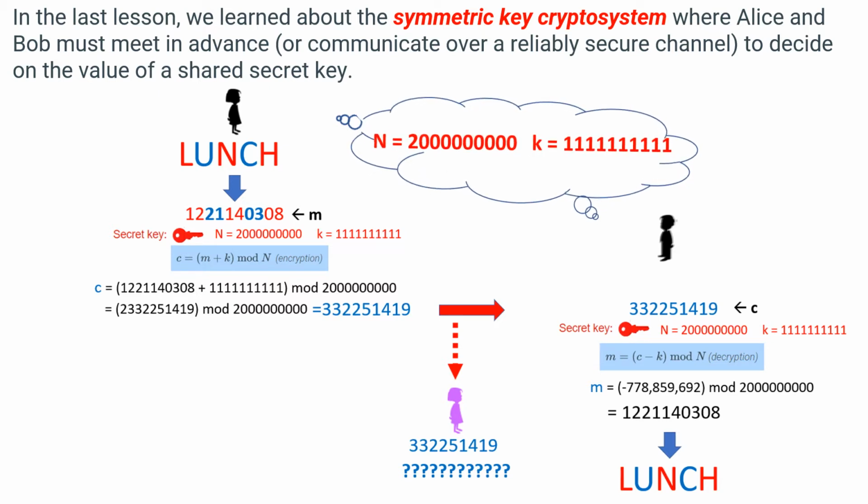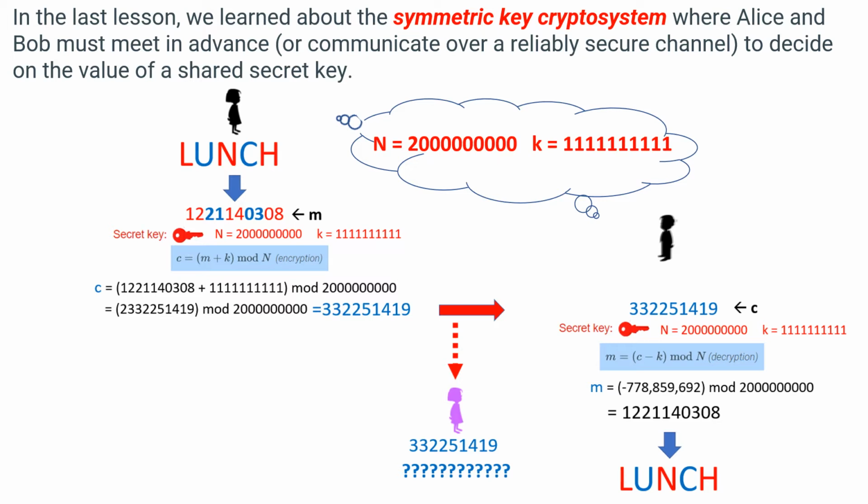That was the N and the K. Both of them had to know those two numbers in order to be able to use this simple system that we call the symmetric key cryptosystem.